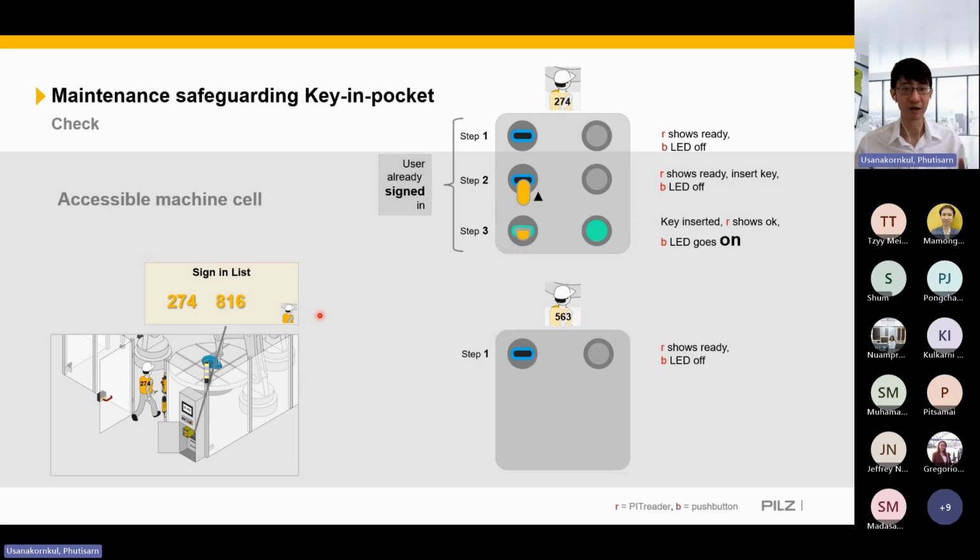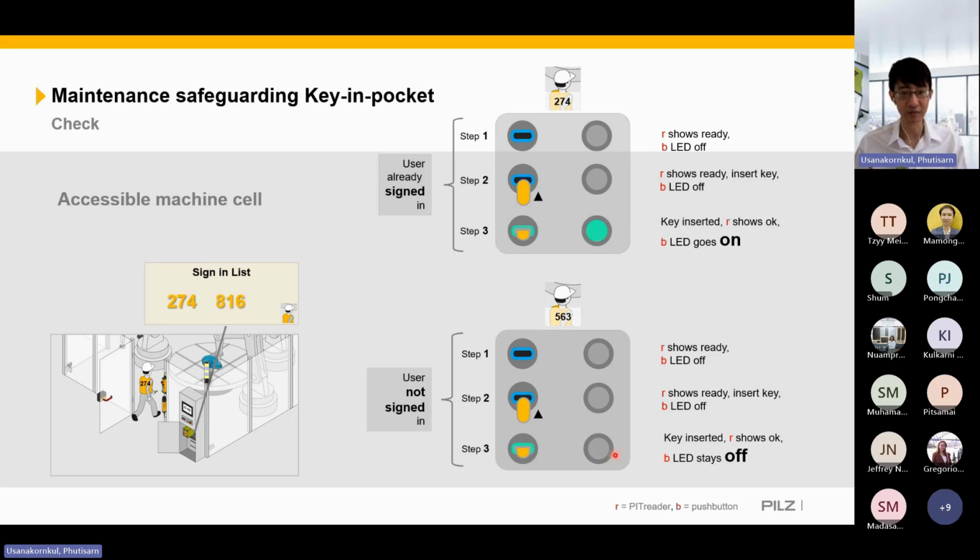Now, what about another person, 563, who is not in the list? When he inserts his transponder, the LED push button will not be lit, because he's not signed in. So that's how you can check whether you have signed in or are already signed out. That's basically how the key in pocket works.